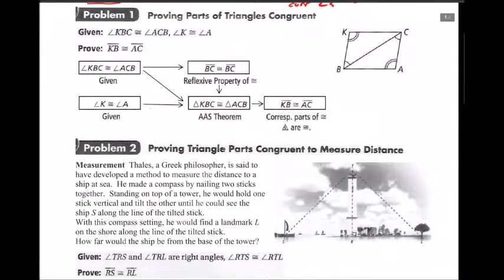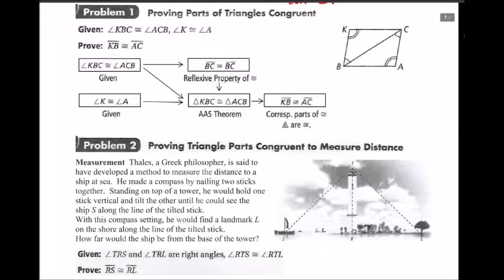So let's look at our first problem here. We are given that angle KBC and angle ACB, so let's find KBC right there, and ACB, those are congruent, and angle K and angle A are congruent, so let's mark those.